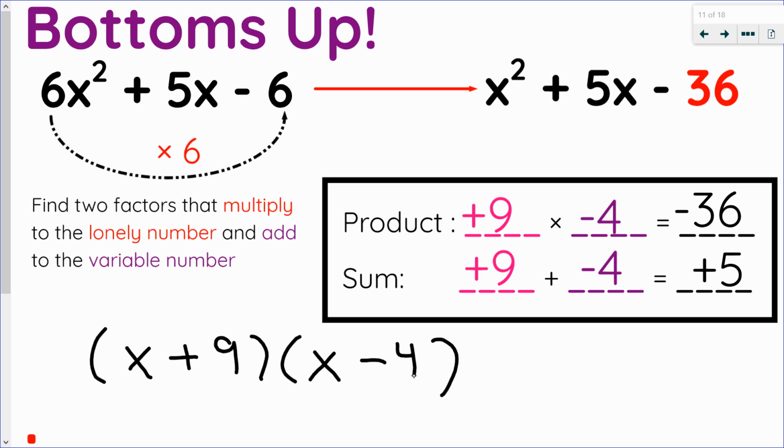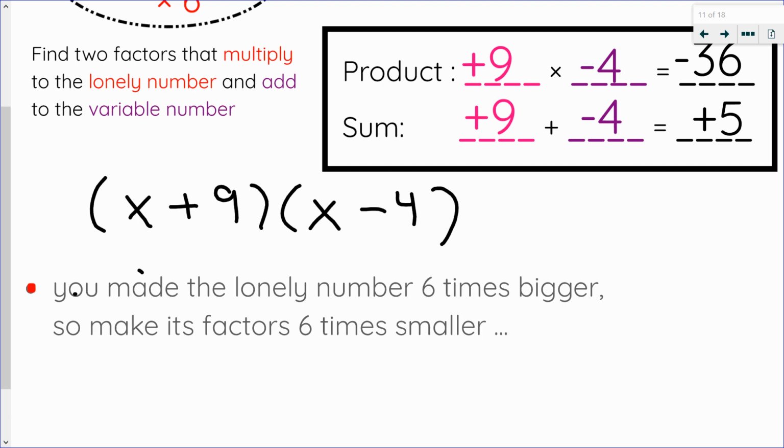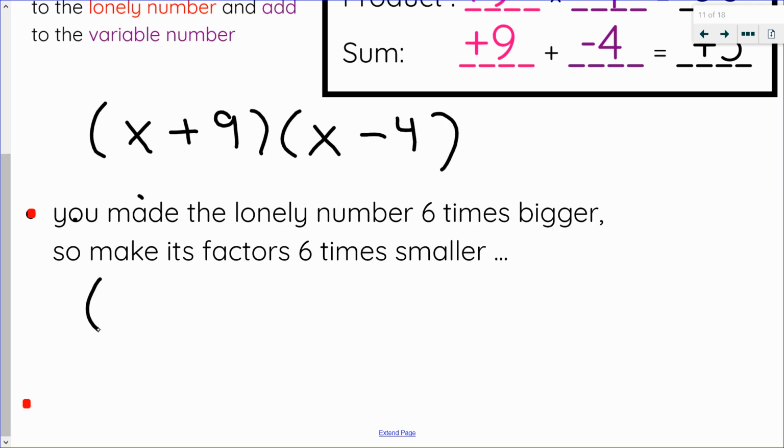Now remember, our lonely number wasn't negative 36 to start with, it was 6. So since we made our lonely number 6 times bigger, we need to make its factors 6 times smaller. So I'm going to write this as x plus 9 divided by 6 and x minus 4 divided by 6.